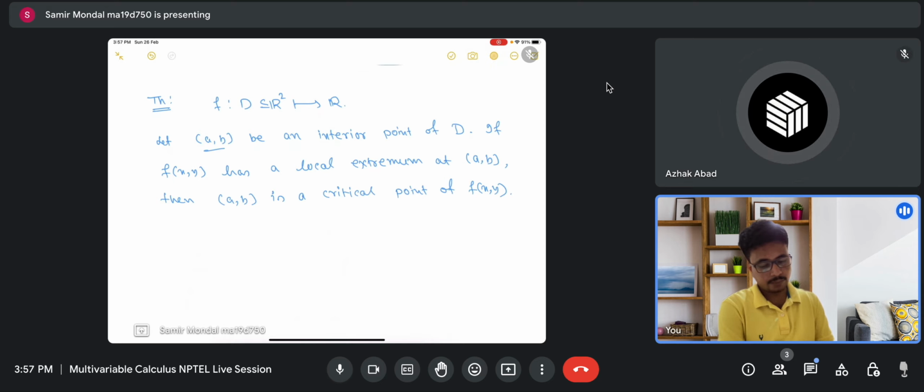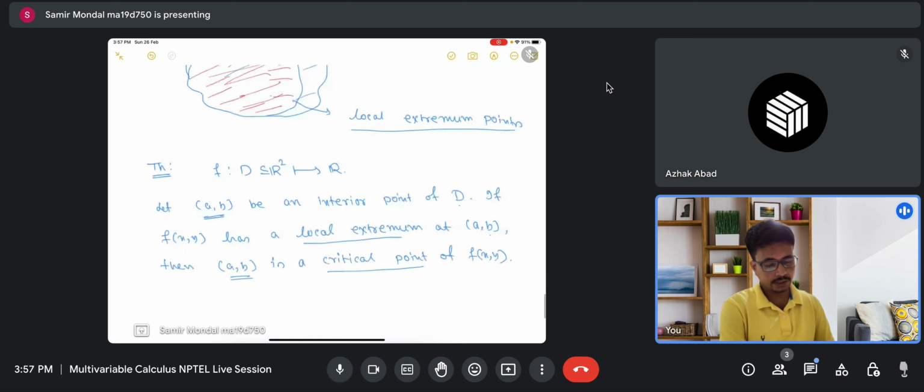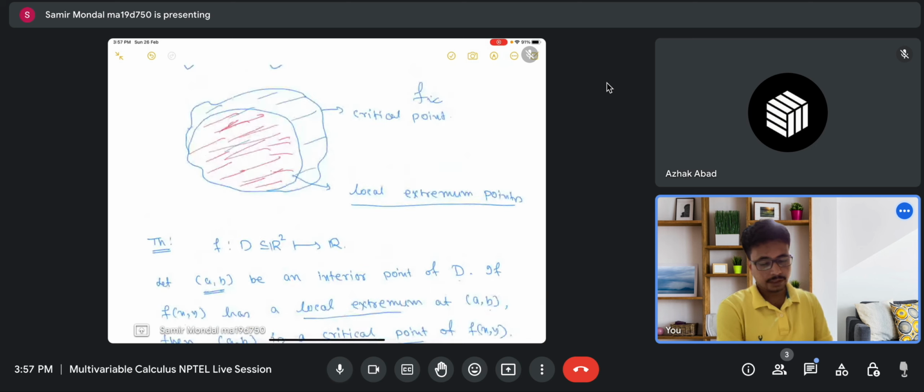I'm taking one interior point from D. If f has a local extremum at the point (a, b), then that point belongs to the critical points of f. This is the picture: this full region is the collection of all critical points, and this red region is the collection of all local extremum points. So local extremum points are a subset of the critical points for a given function.